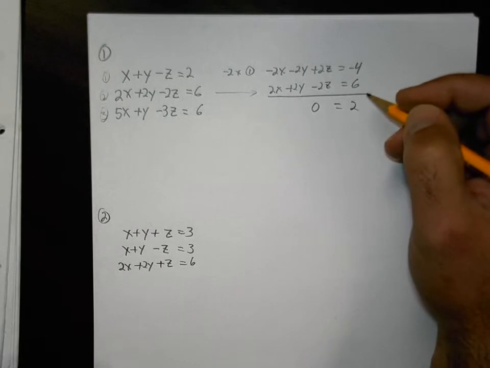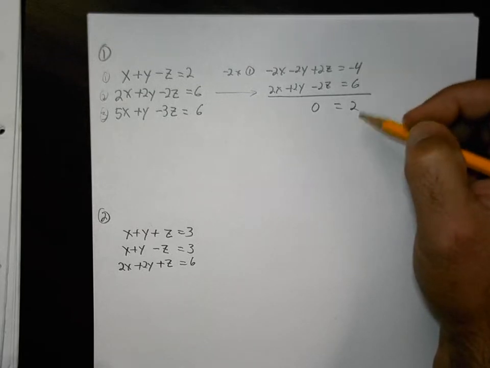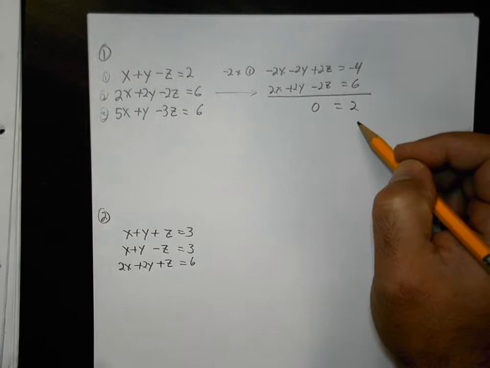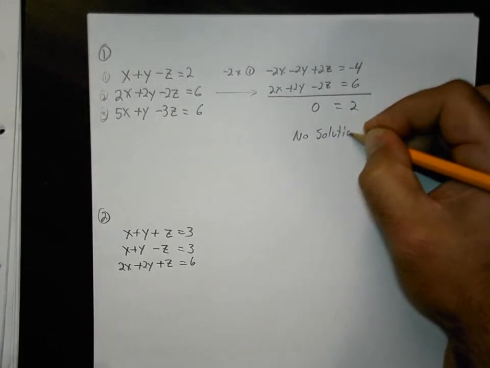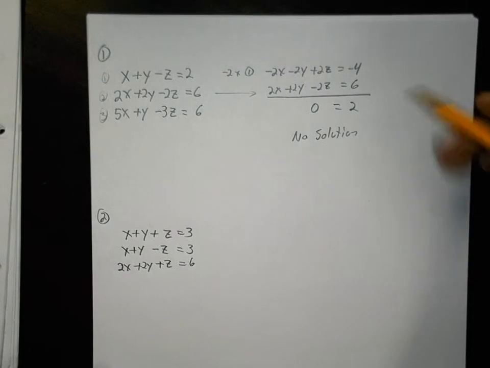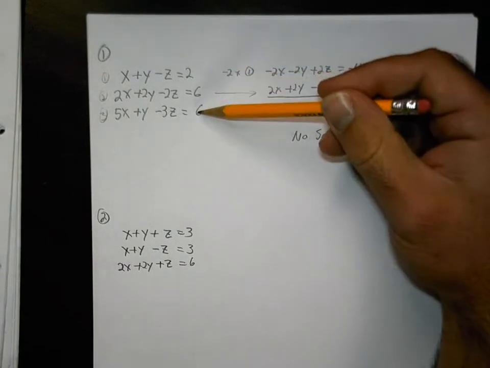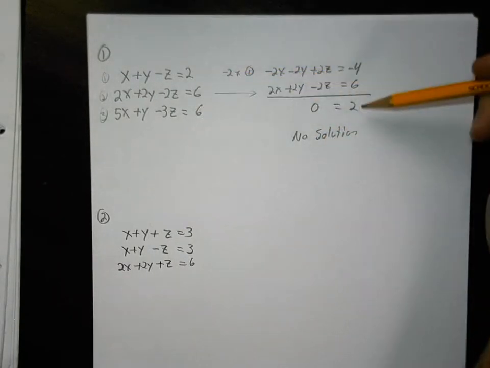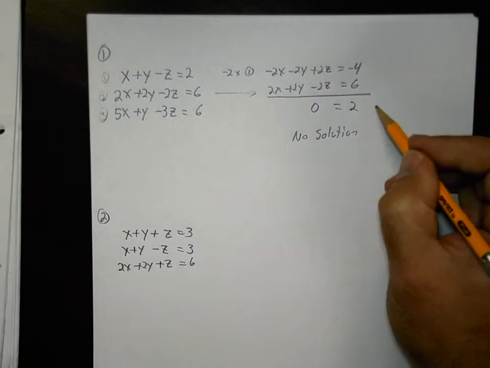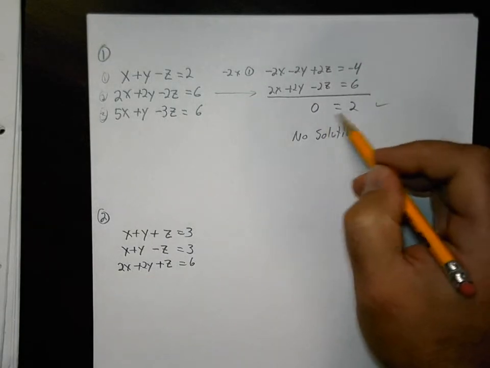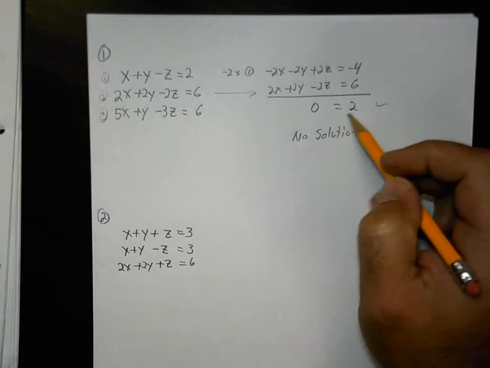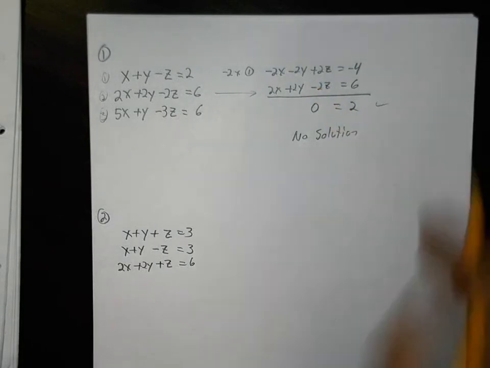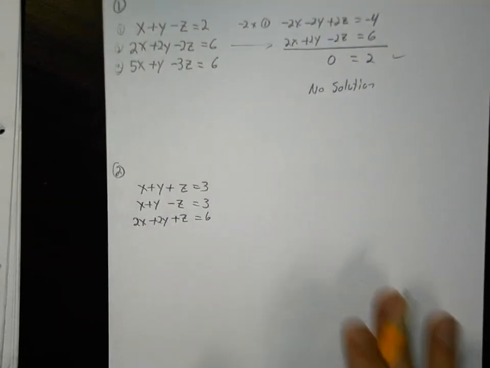If you remember when we were solving two equations, two unknowns, that meant that we had no solution, and it still does. So if you're solving a system of three equations and three unknowns and you end up in a situation like this, where your variables are eliminated and you get two numbers that are not equal, it's no solution.